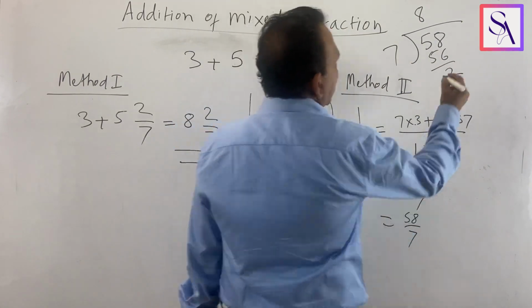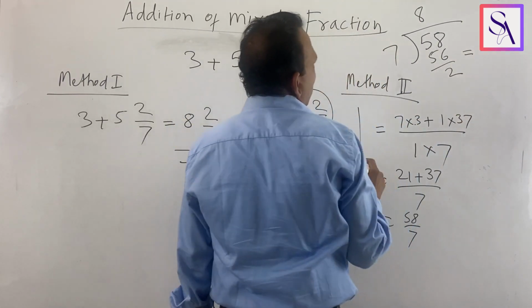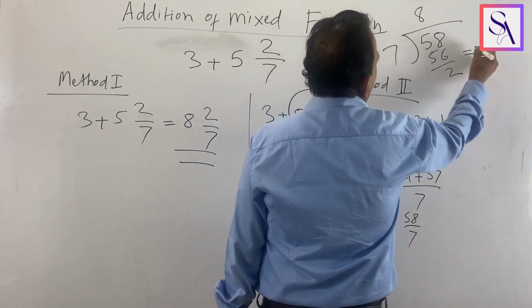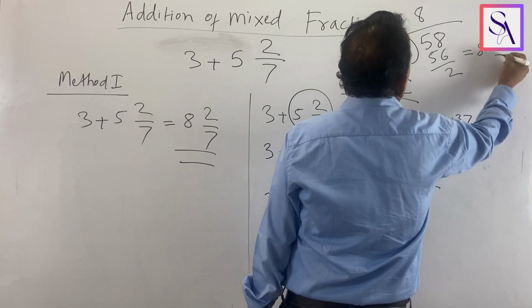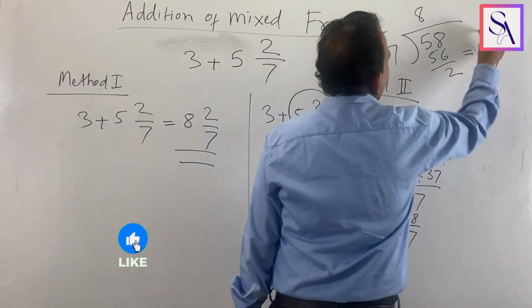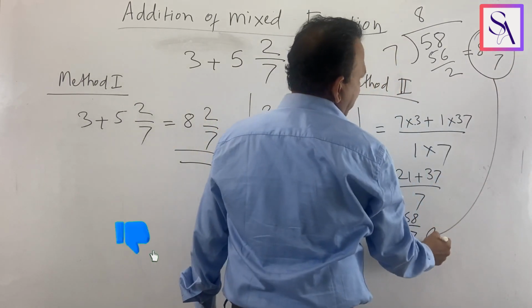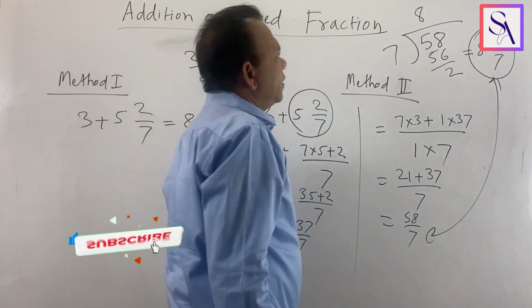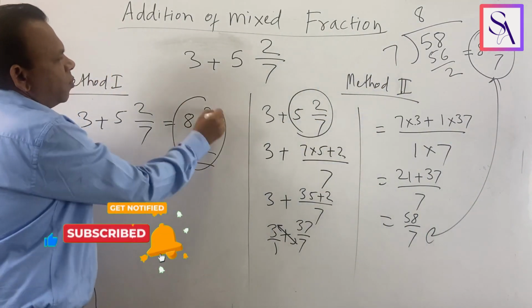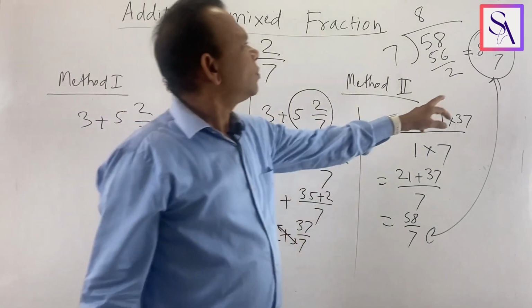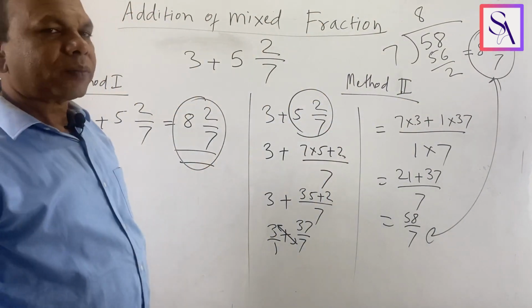So again queen riding upon donkey. What is queen here? 8 riding upon 2 by 7. So 8 2 by 7 is the answer, right? And this 8 2 by 7 is same as 8 2 by 7, right?